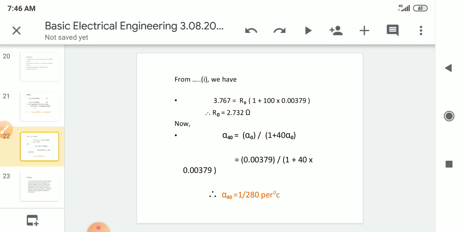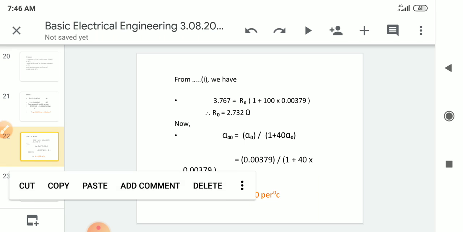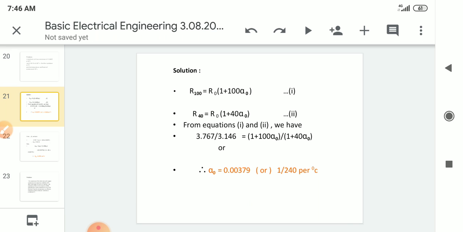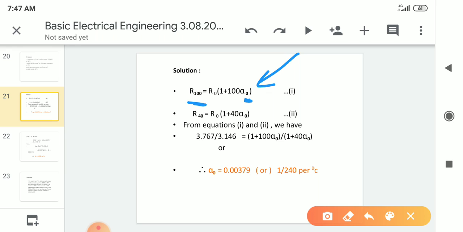In this equation, we substitute the value of alpha naught as 0.0373, and R100 also they have given, 3.767.